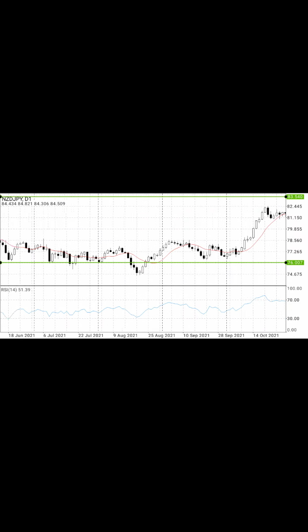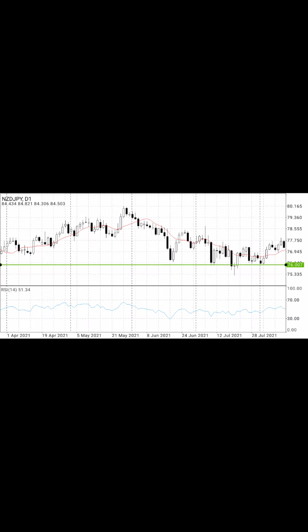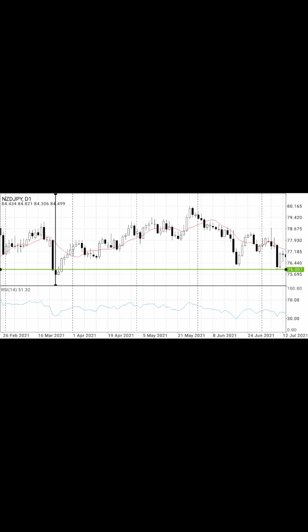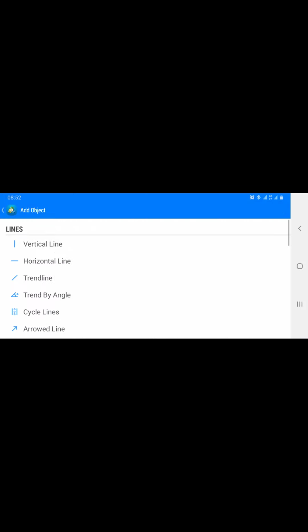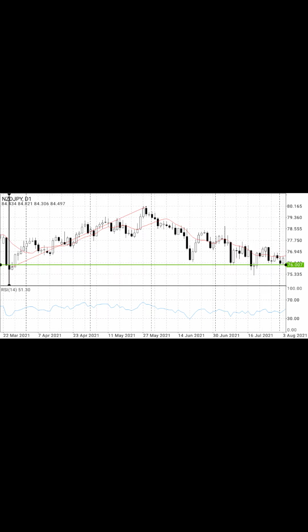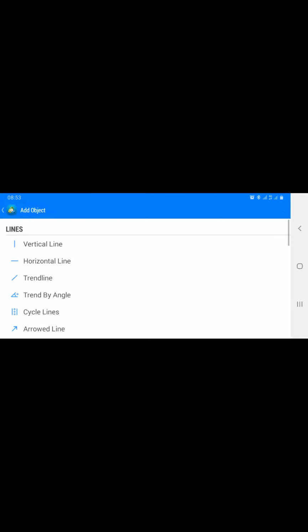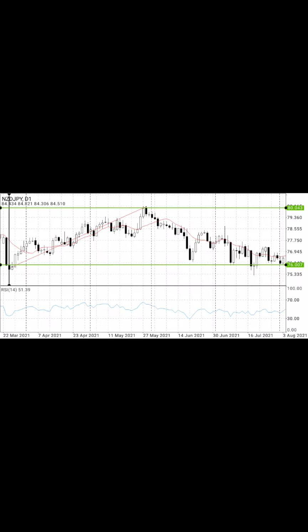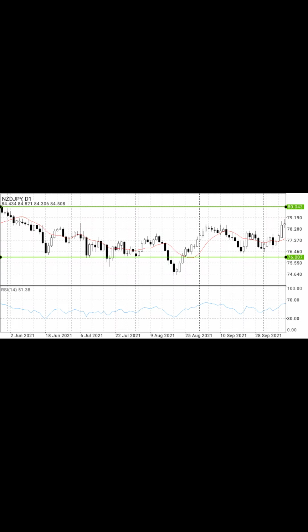So after that support creation, price went bullish right here. Now that bullish trend created a new high, and immediately after that, price stabilized back to the support, breaking below support.